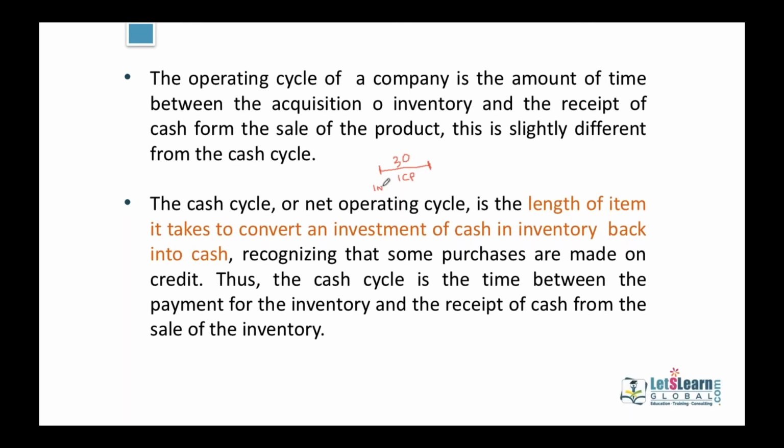Now the inventory has become accounts receivable, and this amount is collected as per the previous calculation in 68 days. This is called days sales outstanding, DSO. So inventory conversion period plus DSO will give you the operating cycle.